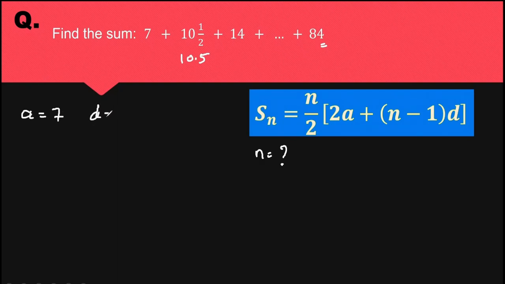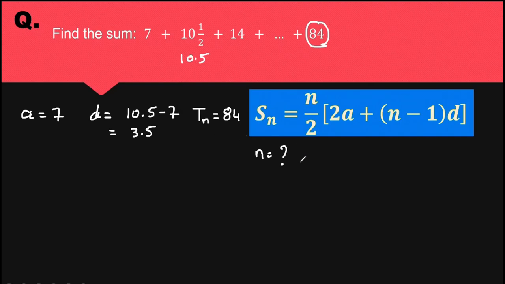To find the common difference, second term 10.5 minus 7, that is 3.5. And here the last term is given, 84. That means it is given Tn as 84, where n is unknown.